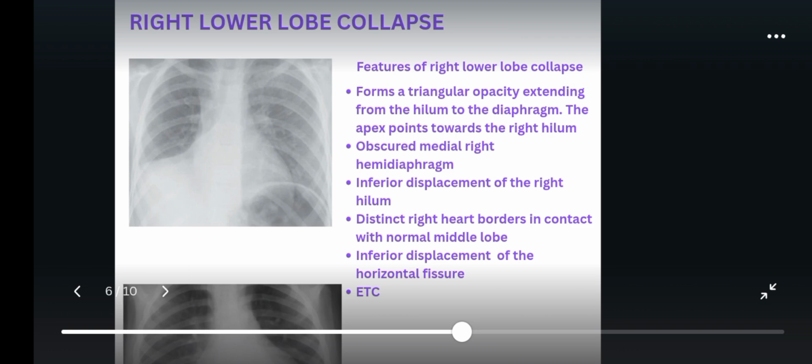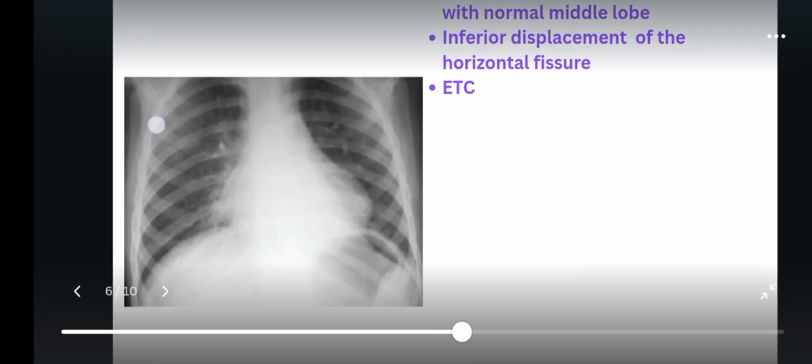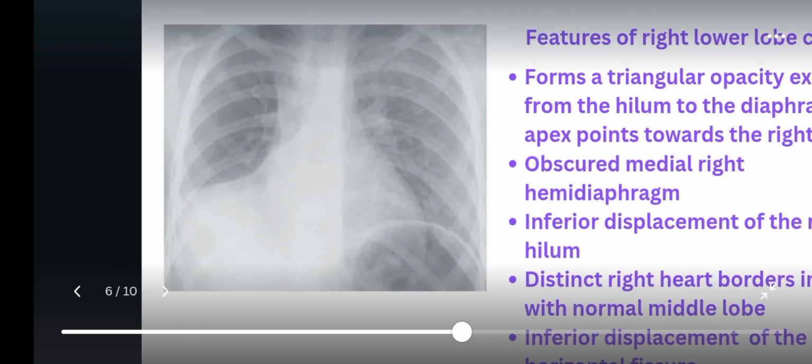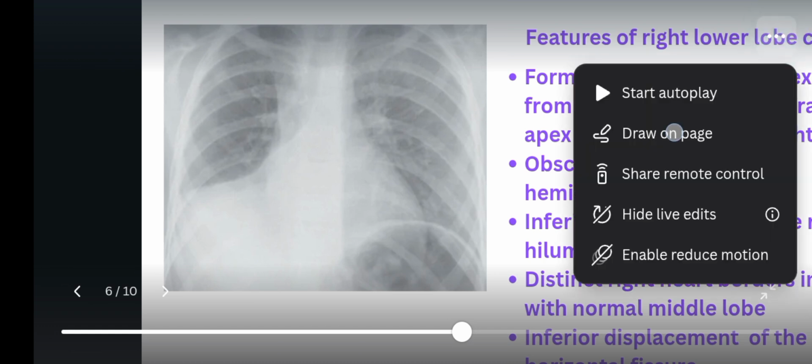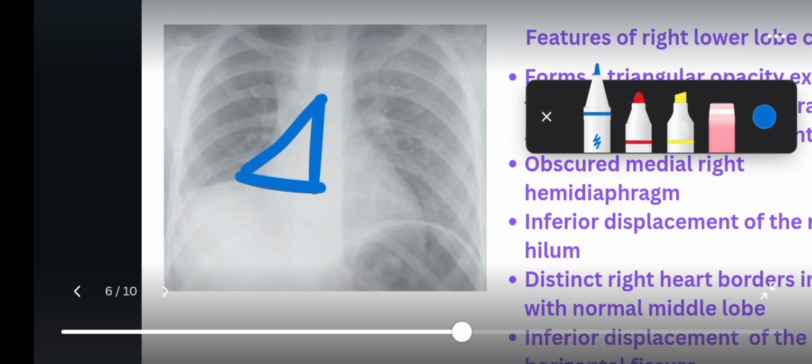There are other signs you may see in a right lower lobe collapse. Let's look at the image. We have two images here to take note of. We'll see the triangle I talked about. See the triangle. You see the apex is pointing to the hilum.